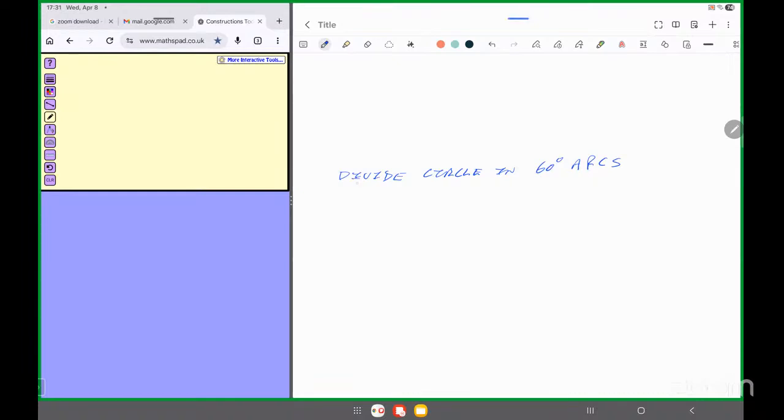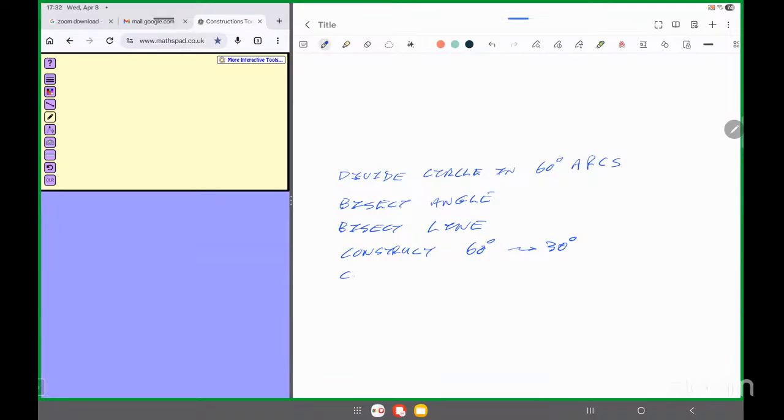You have to be able to bisect an angle, bisect a line, and cut them in half. You have to be able to construct 60-degree angles, and then this will bisect into a 30-degree angle. So if you want to construct 30 degrees, construct 60 degrees and then bisect it.